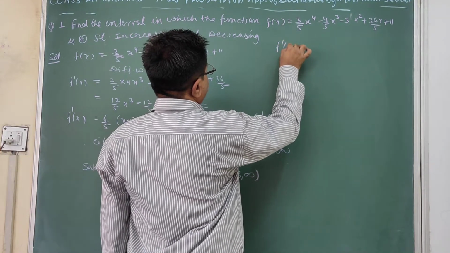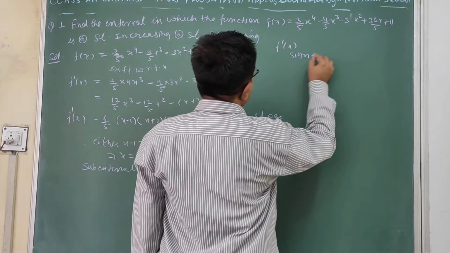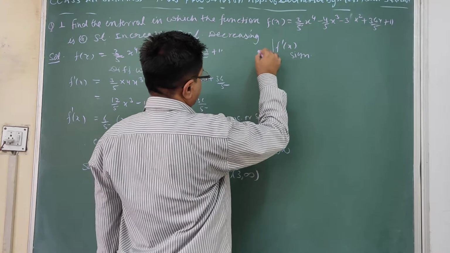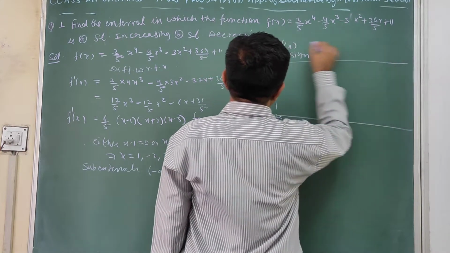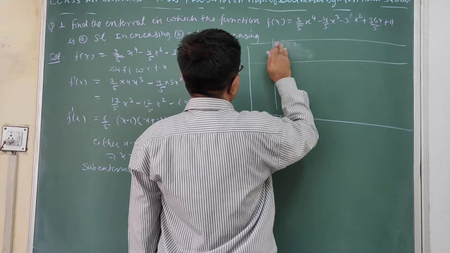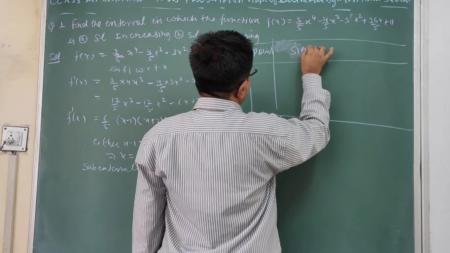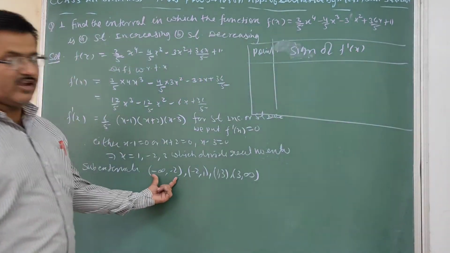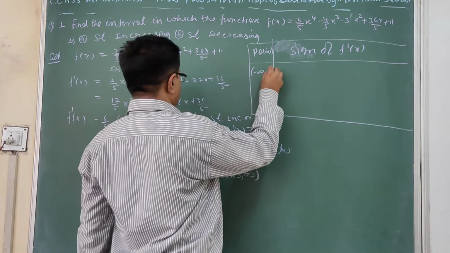Here f dash x, the sign of f dash x. So suppose you take the first interval, that is minus infinity to minus 2.